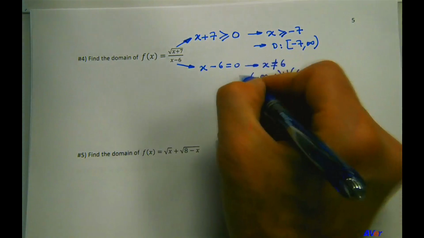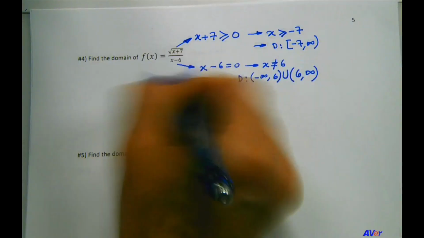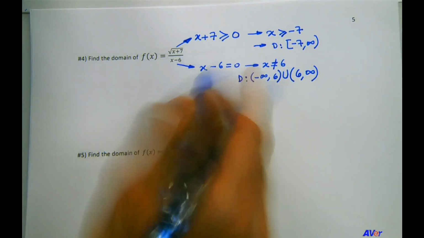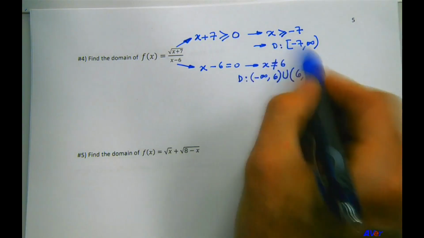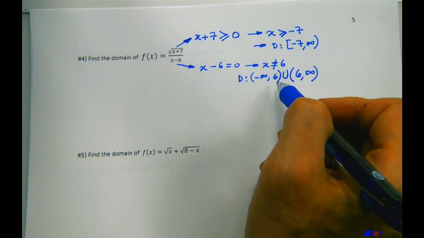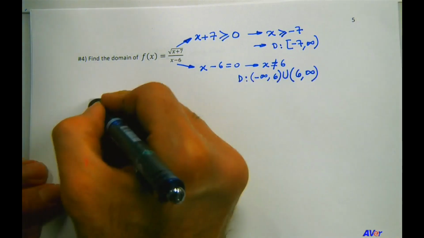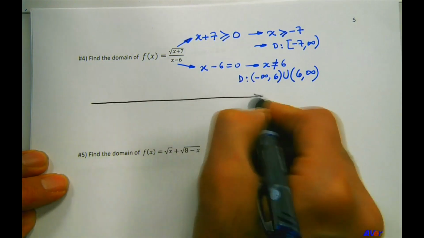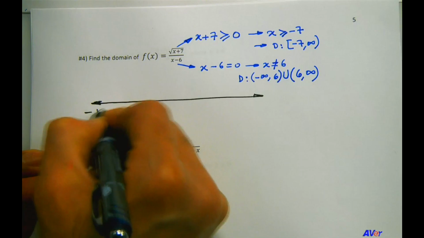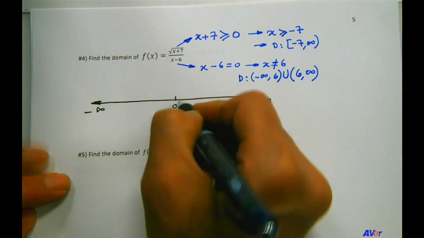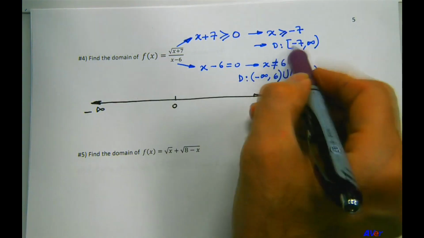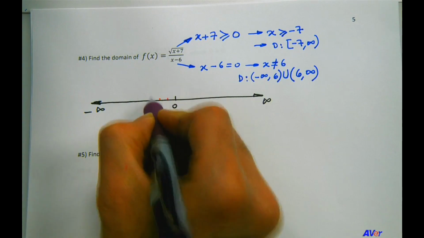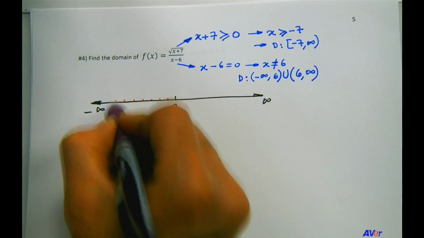So now, for the final domain of this entire function, we found the domain of the numerator and the domain of the denominator. Now we got to see where both of these domains agree. Okay? So, let's draw a graph. Why not do that? We don't have to, but it's helpful if we do. So here we have negative infinity to infinity with 0 in the middle. This one says the domain is negative 7.